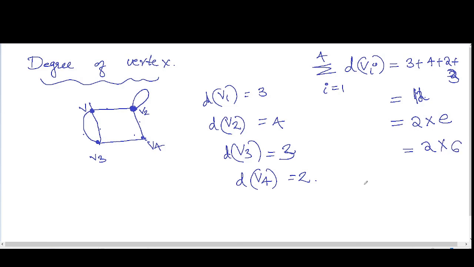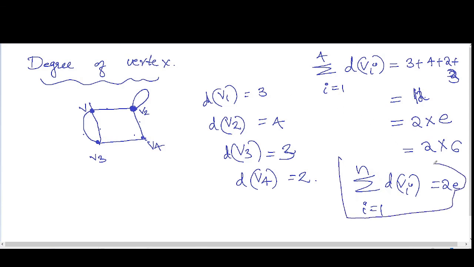So this is the relation between the sum of degrees and the number of edges in a graph. That means sigma d(vi), where i varies from 1 to n, is equal to 2 into e. This is a very important result.